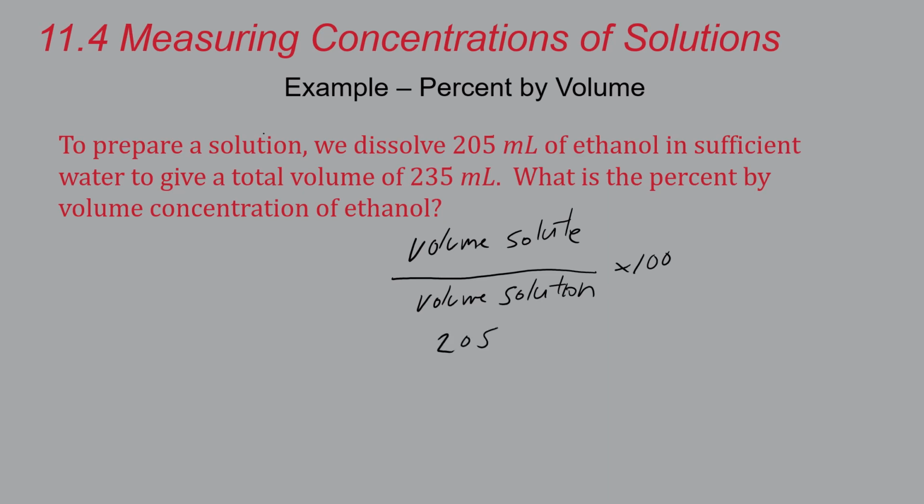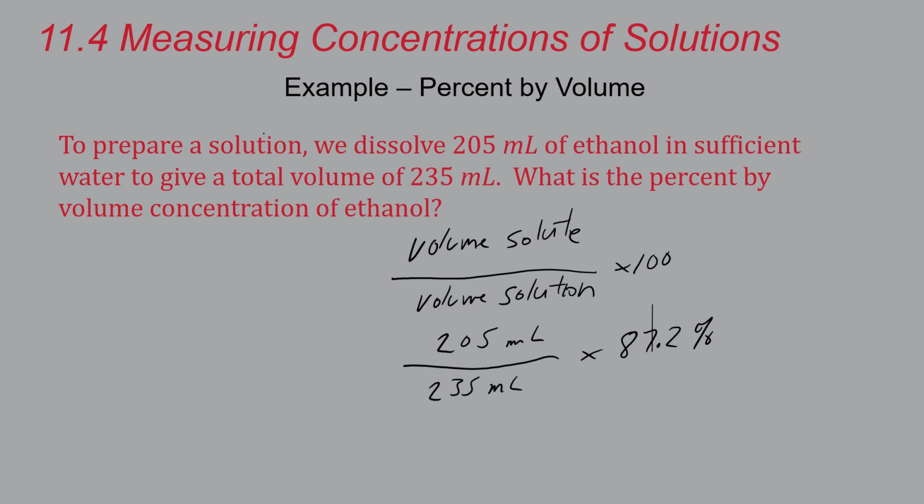So here we've got 25 milliliters of the ethanol divided by the 235 milliliters of the overall solution, and that gives us 87.2%, which would be good for hand sanitizer.